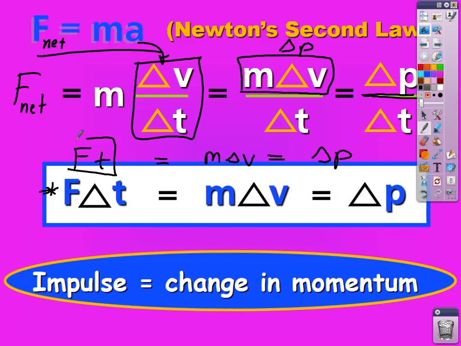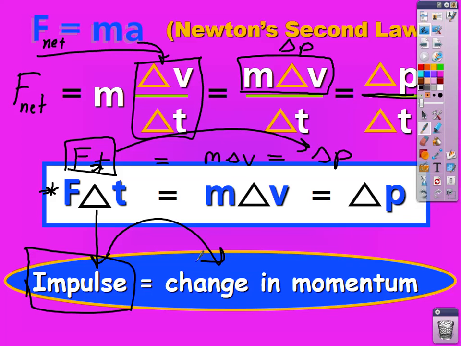So a force applied over a period of time will create a change in momentum. And this force times time is called impulse. So we say an impulse will cause a change in momentum.